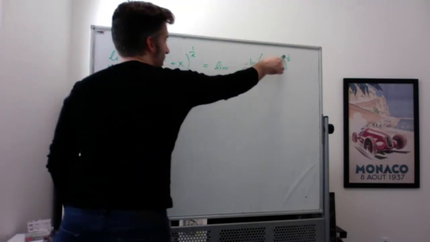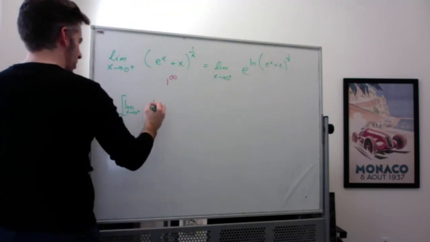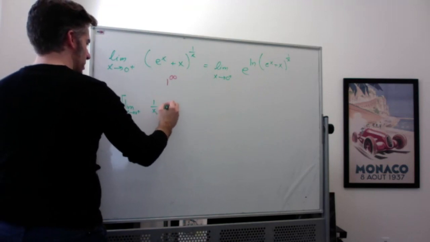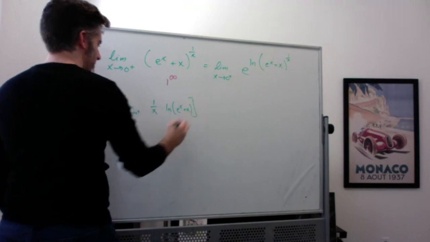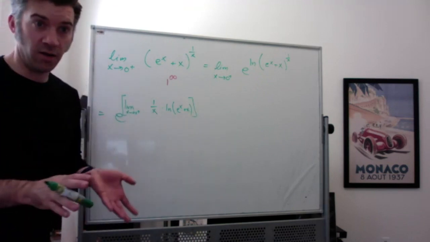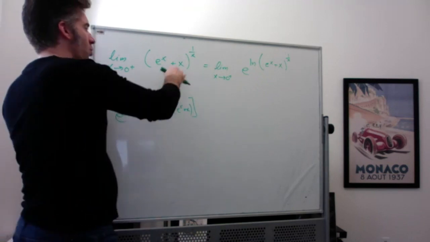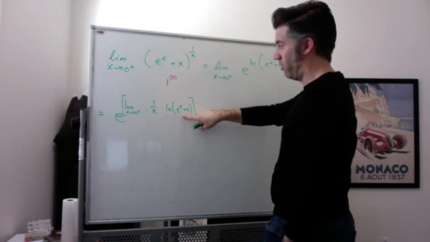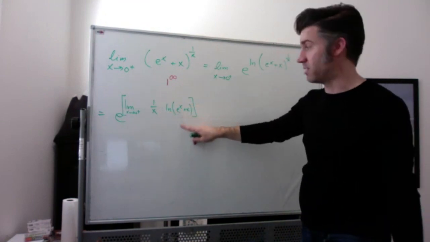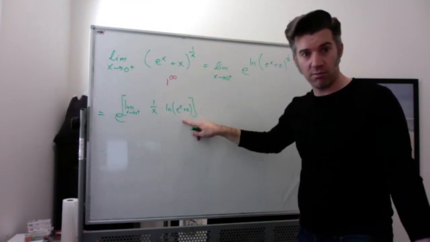I'm going to bring down the power in front of the natural log. So it's going to be 1 over x times the natural log of e to the x plus x. Notice, if you care, that now this 1 to the infinity has become infinity times natural log of 1. Natural log of 1 is 0, so this is an infinity times a 0 form.